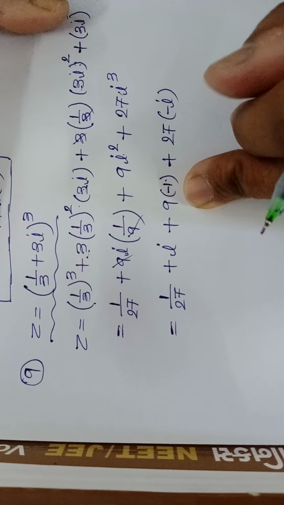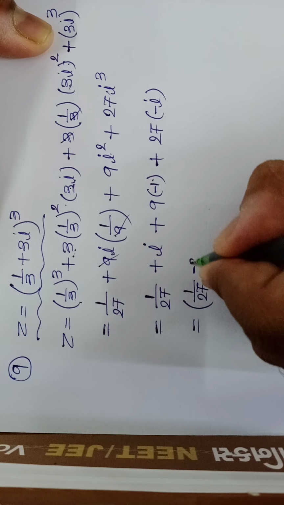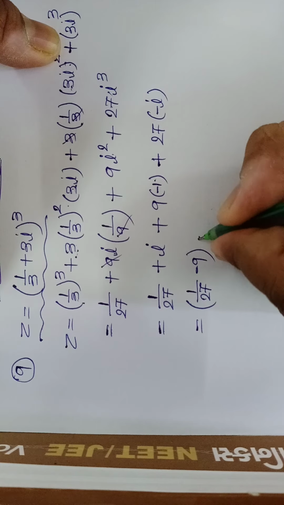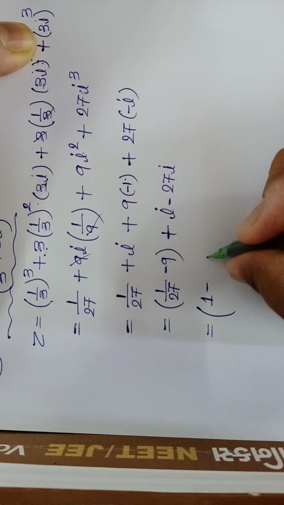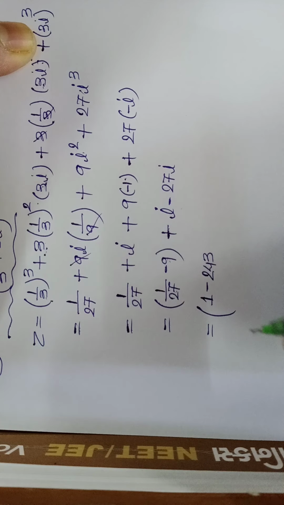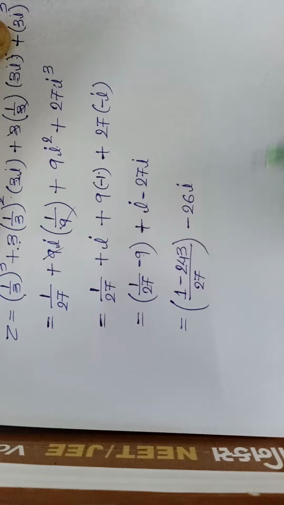Now just write the terms of the real part. It means 1 by 27 minus 9. Okay, and plus i minus 27i. That is what? That is 1 minus 9, 27s are, I do not know, let me multiply. 9 7s are 63, 3 6, 9 2s are 18, 18 plus 6 is 24. 1 minus 243 by 27 and minus 26i.